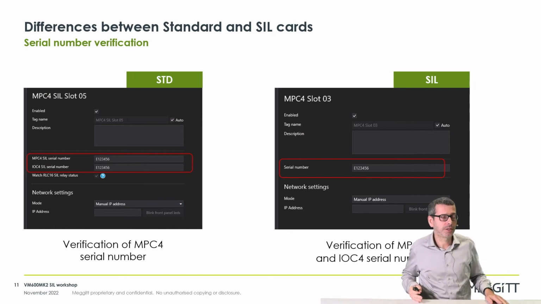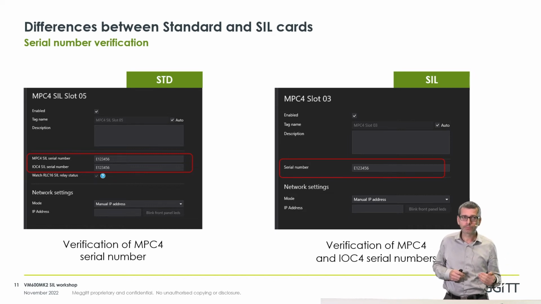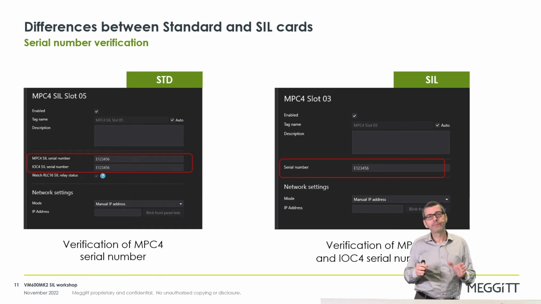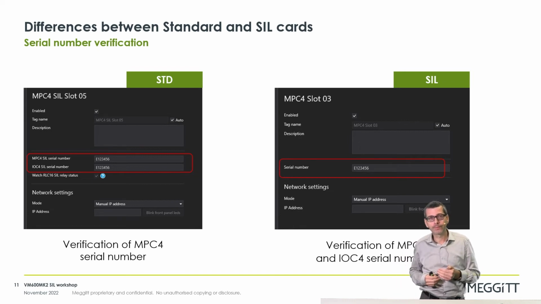Another difference is regarding serial numbers. In vibro-meter protect, to configure an MPC4 standard, it is necessary to enter the card serial number. On the SIL card, it is necessary to enter two serial numbers: the serial number of the front card, the MPC4, and the serial number of the back card, the IOC4.